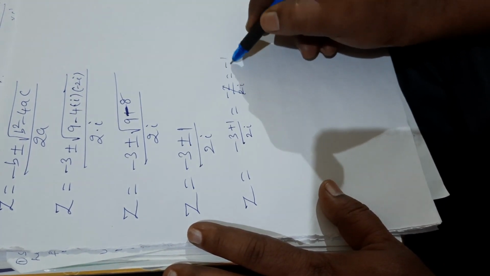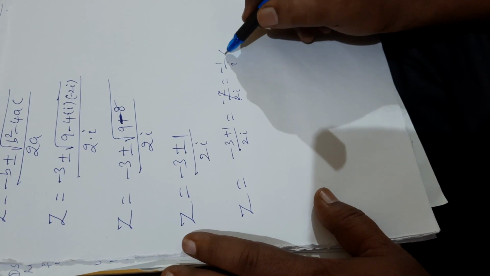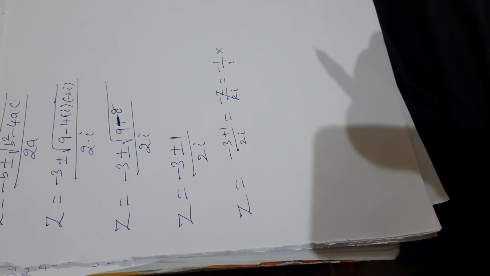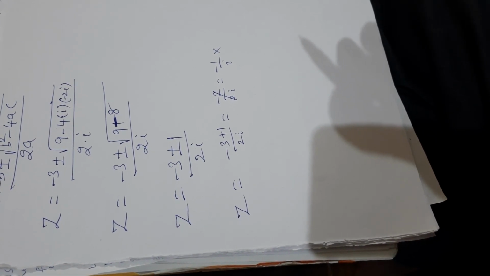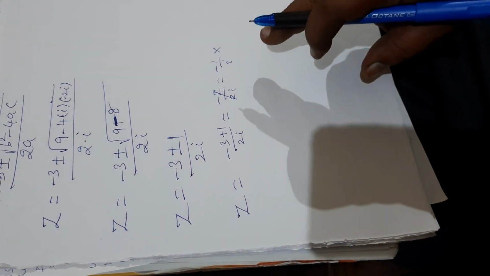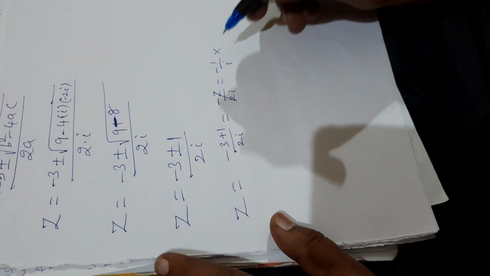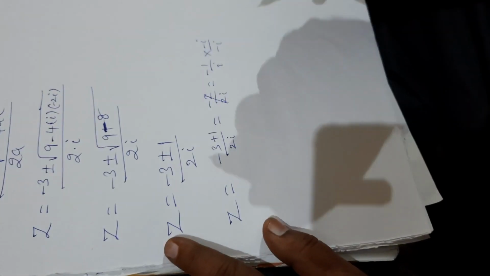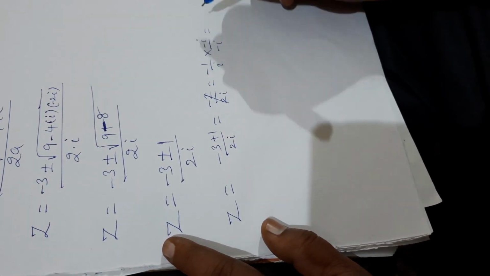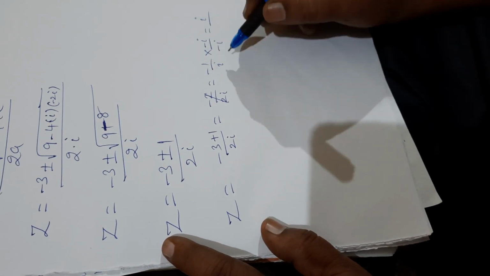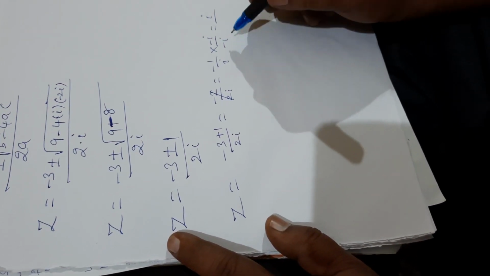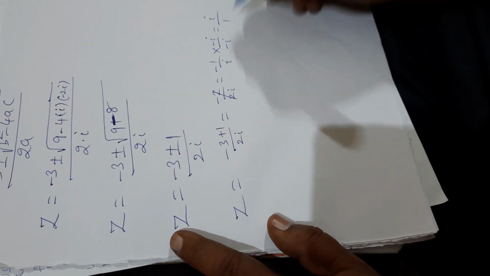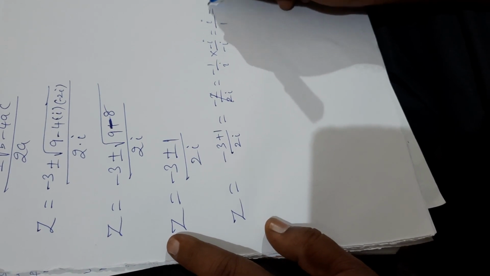This is minus 1 by I. Here, in the operation of complex numbers, you know that whenever this is division form, rationalize means what? Multiply and divide by minus I. Therefore, minus into minus plus I. Here, I into I squared is minus 1, minus into minus 1, right? The answer is I.